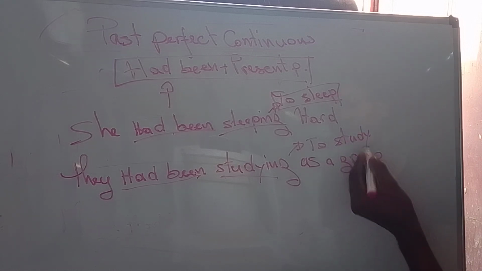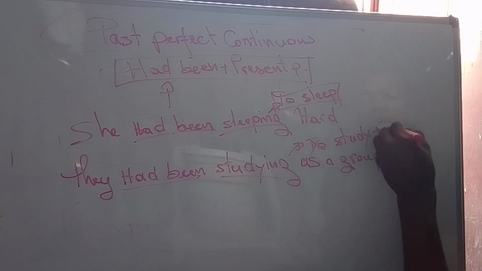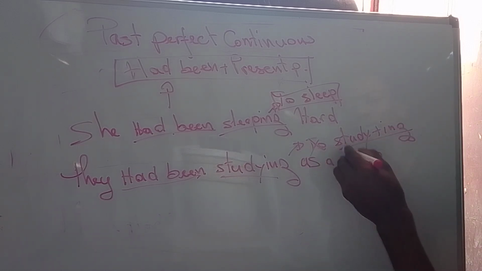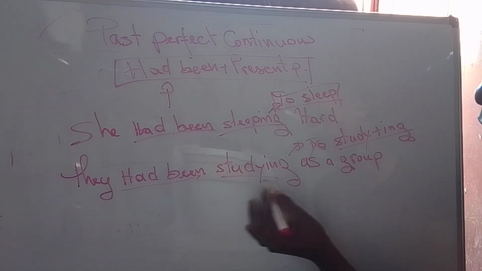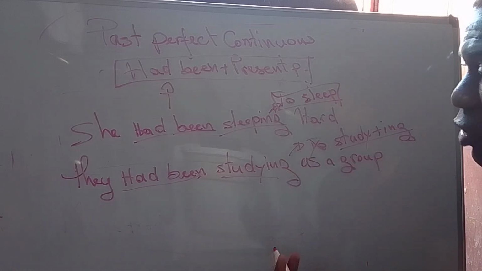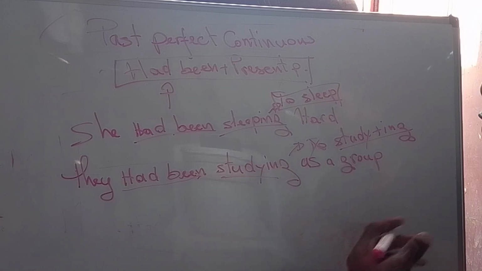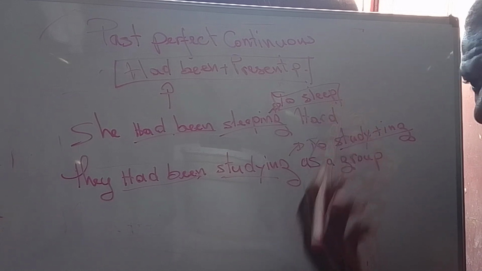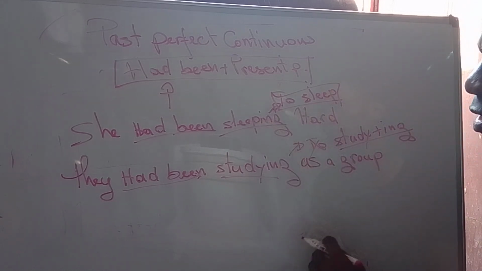To study. The verb to study. I take that one plus the ing form. That's what I had to do here. Okay? Studying. Had been studying. Really easy with Oscar's English University. Make sure you understand, make sure you keep it in mind, make sure you know it by heart, memorize it, so get it in your mindset. It is easy, guys.